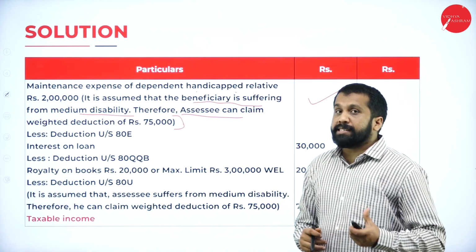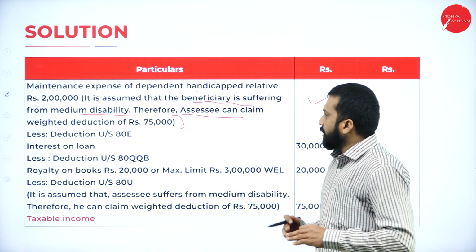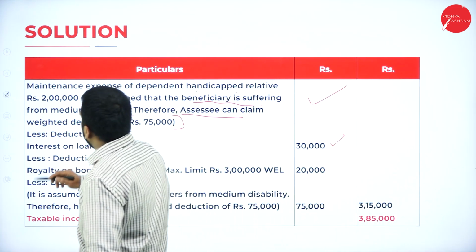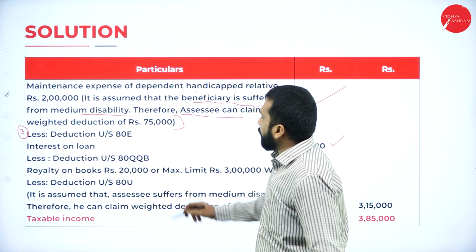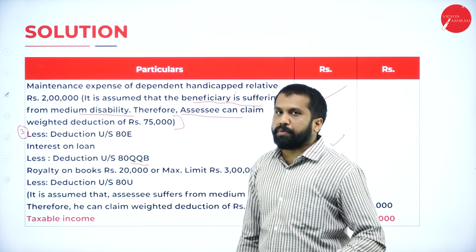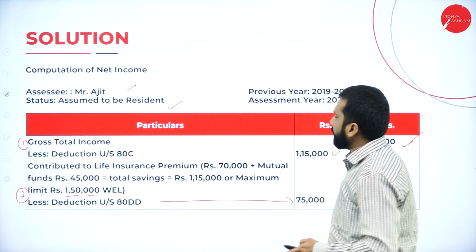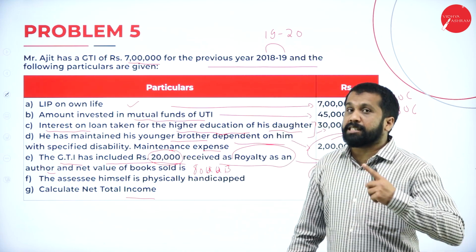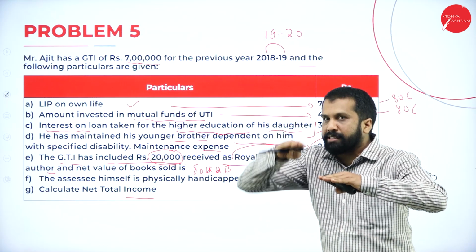Next. Under section 80E, education, daughter's education, irrespective of amount, we are supposed to consider. This is what? Third one. Then next one, 80QQB. What is QQB? Author. What is the amount given? 20,000. I'll go back. How much amount is given? 20,000. What is the maximum limit? 3 lakh. 20,000 or 3 lakh, whichever is less.